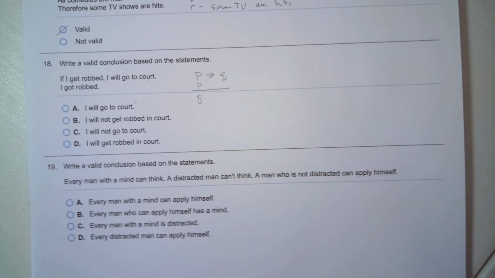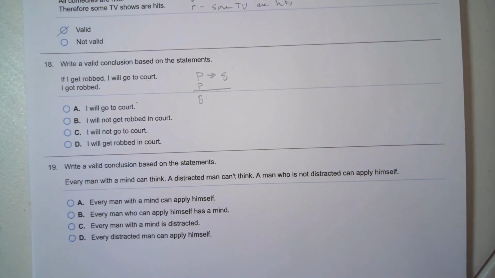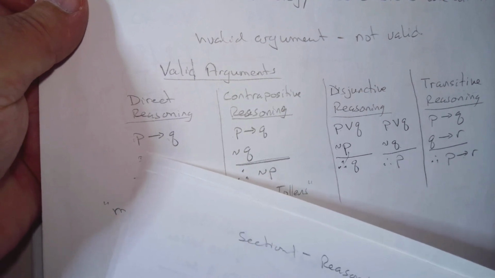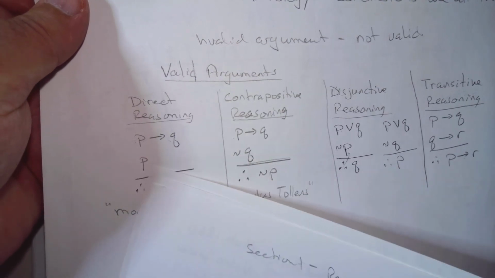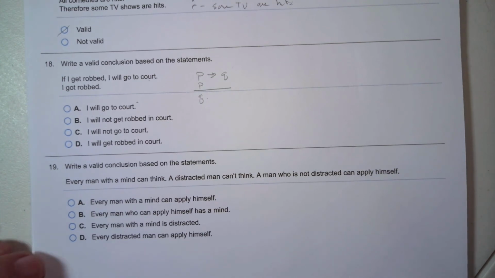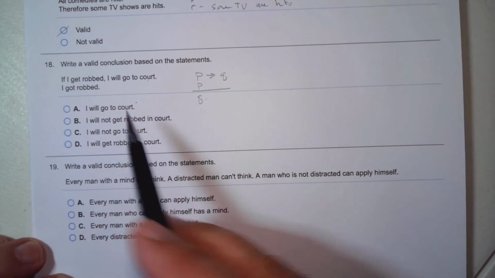That was the first property, the first rule of Aristotle, remember? I'll show you what that is. If I get robbed, I'll go to court. I got robbed, therefore I'll go to court. So it's because of modus ponens. It's true, I go to court.